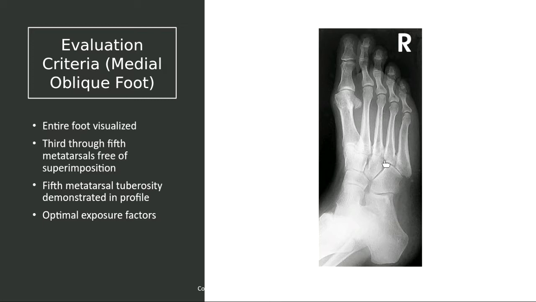Okay, so proper degree of obliquity. 5th metatarsal tuberosity is in profile. Cuboid joint spaces are all open. 3rd through 5th metatarsals are not superimposed. Those are all important things to look for on a correct oblique of the foot.